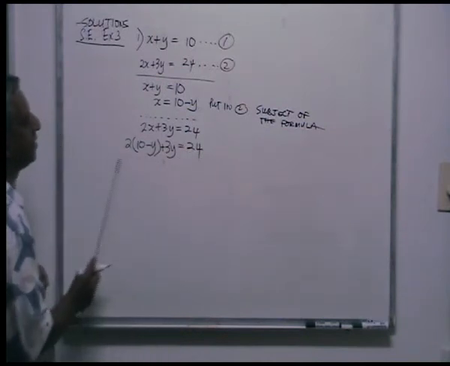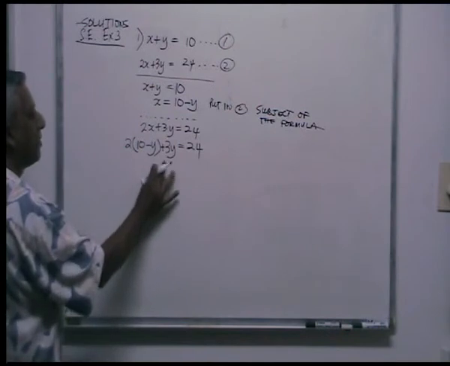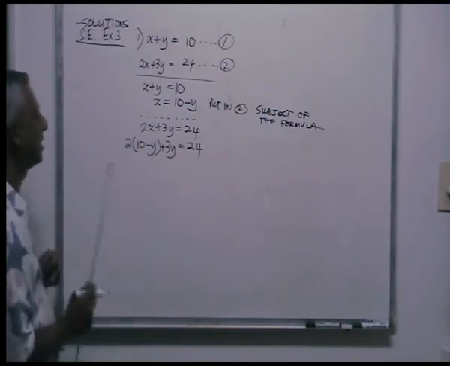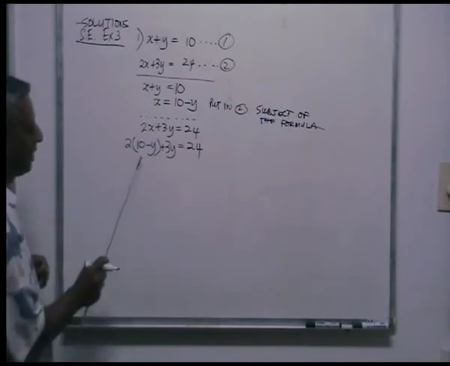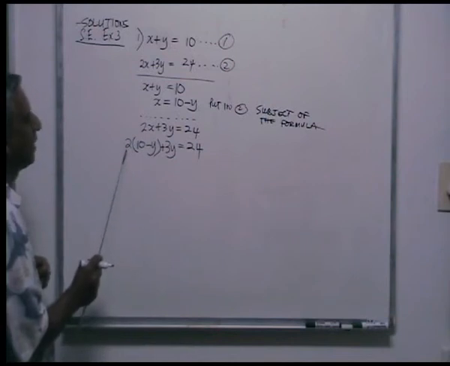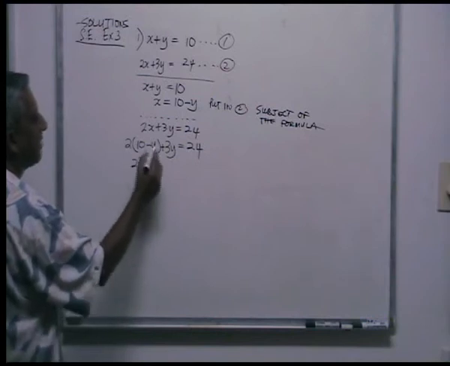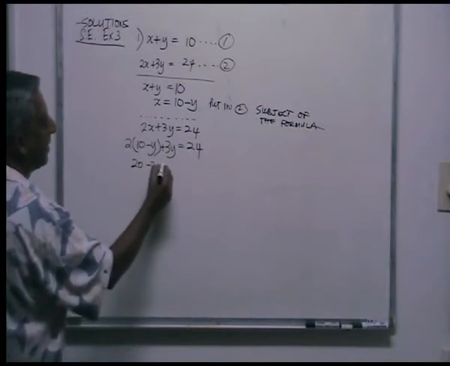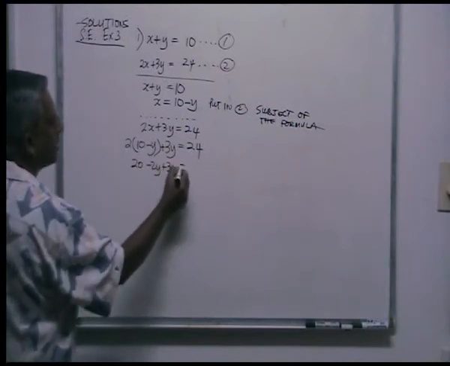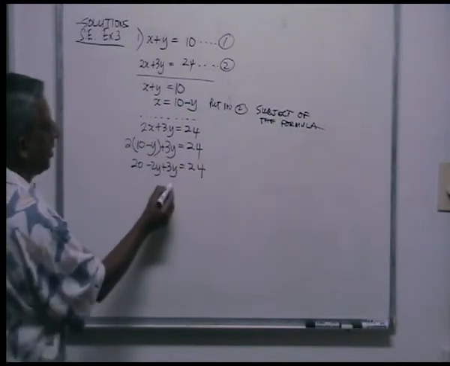Now you got a bracket here and you must remove brackets. If you don't know what I mean by remove brackets, please check the DVD on removal of brackets. But basically it means multiply. 2 times 10, 20. 2 times minus y, minus 2y, plus 3y is equal to 24.